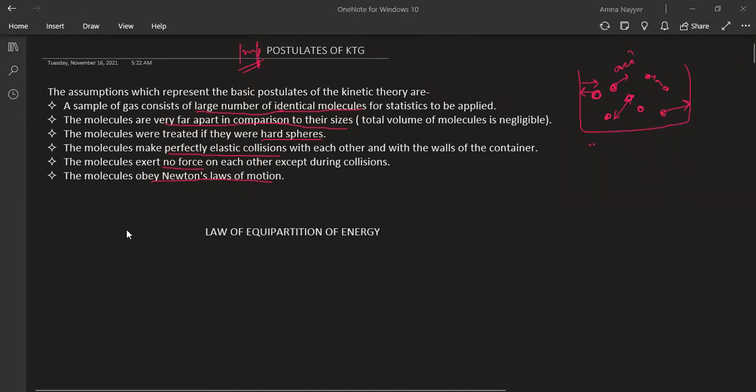See class, now the law of equipartition of energy. This basically means the energy associated with each degree of freedom per molecule. Degree of freedom we have not done, no?